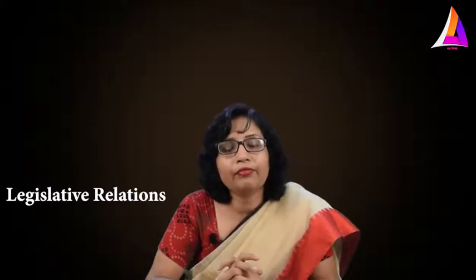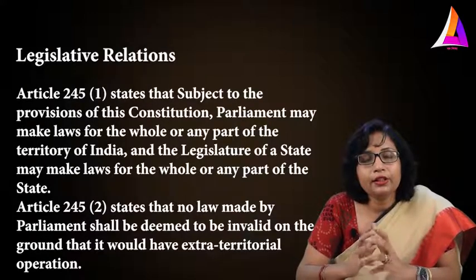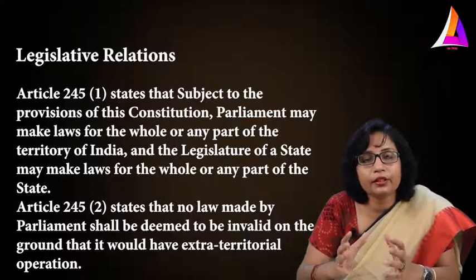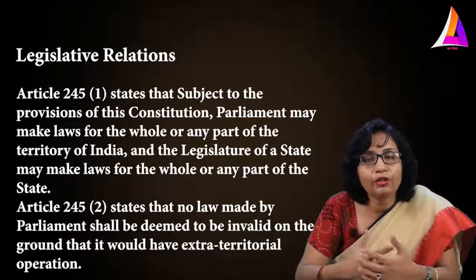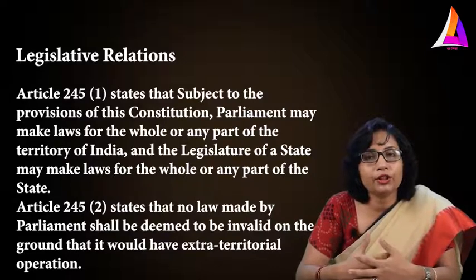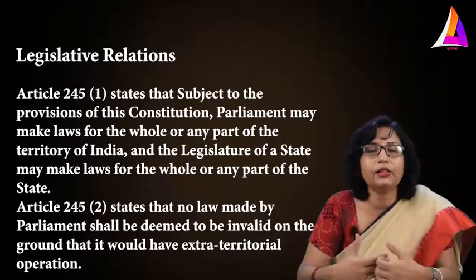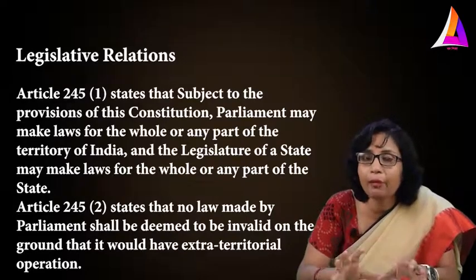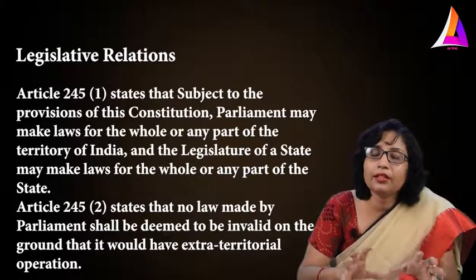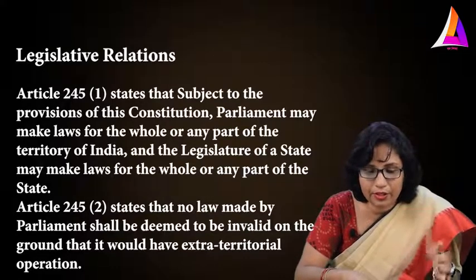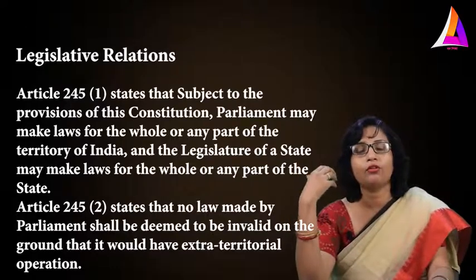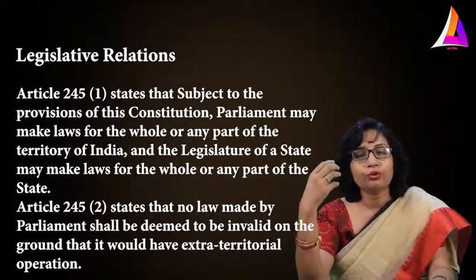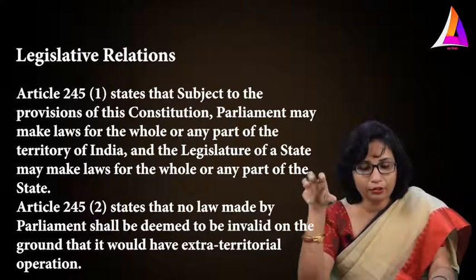Article 245 clearly states, regarding the territorial jurisdiction, that the Union Parliament has the power to legislate on any subject throughout the territory of India or any part of it. And similarly, the state legislature is responsible to make laws on any subject throughout the territory of that particular state.